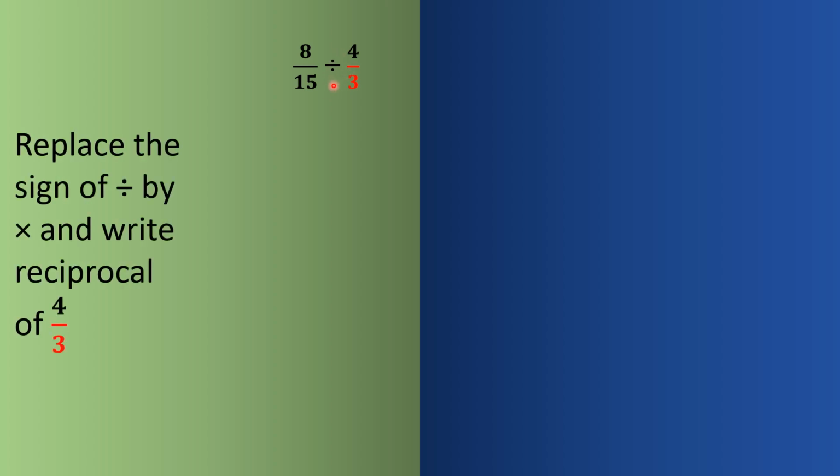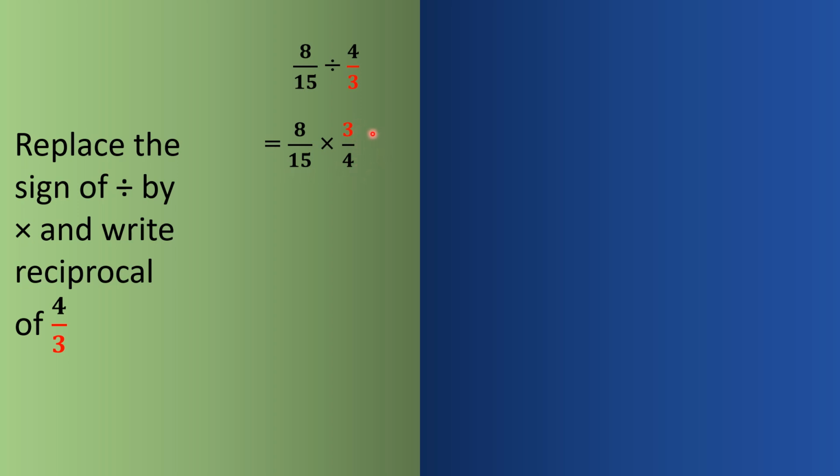So here what we need to do, we need to find the reciprocal of this divisor only, and we will replace this sign of division by multiplication and write the reciprocal of 4 by 3. It means our question will be like this: 8 by 15 as it is, instead of division, we will write the sign of multiplication and the reciprocal of 4 by 3, which is 3 by 4.